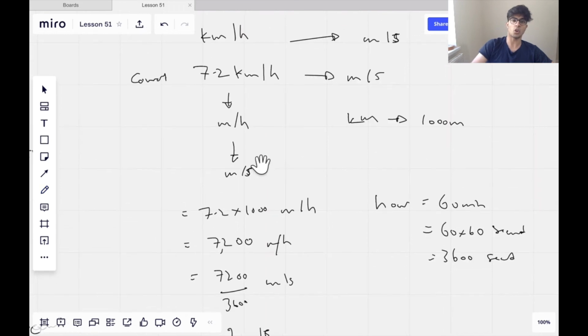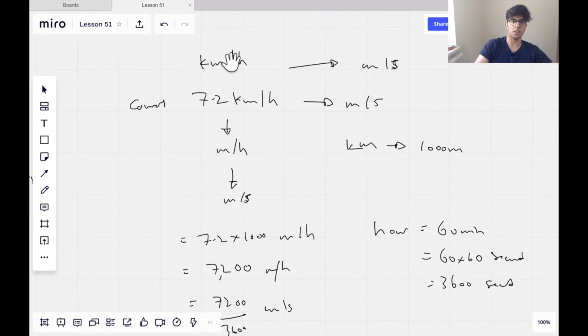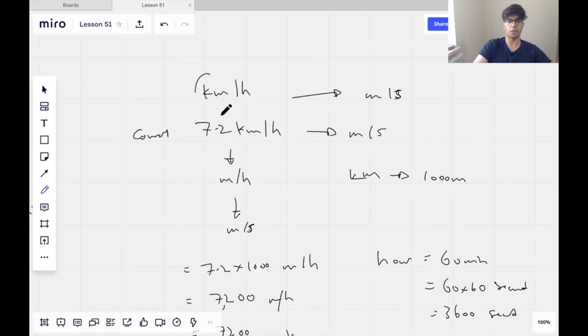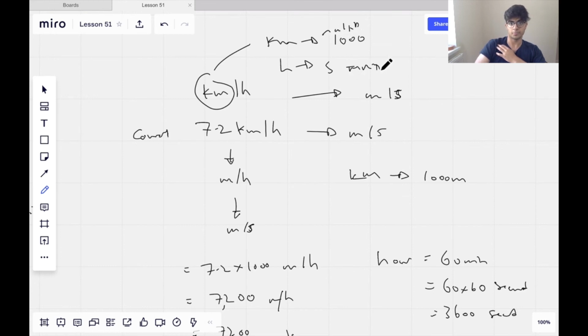So when it comes to these compound ones, what's important is you do it a bit slowly, step by step. If you look at this, kilometers per hour, if you want to go from km to meters, you multiply by the usual thing, 1,000, and to go from hours to seconds, you multiply by 3,600.